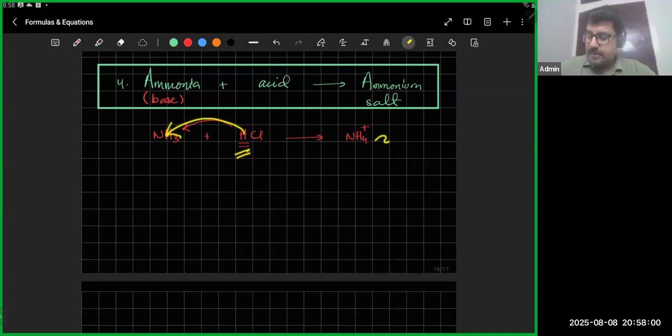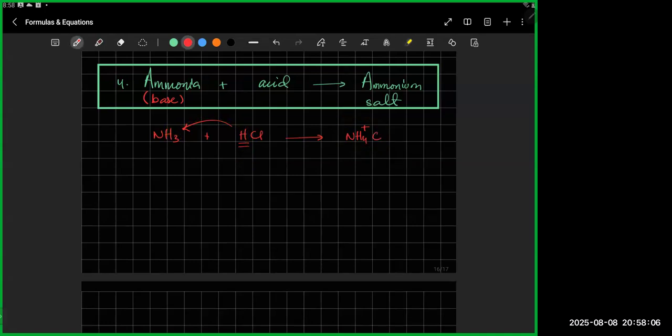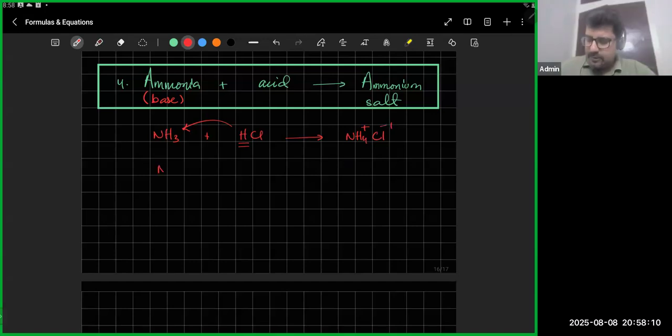What is left? Cl is left. That chloride, Cl, is group 7, and that's -1, right? So that's your salt. So it's basically ammonia plus HCl, and it's going to become NH4Cl. That's it. Okay, so that's one example.